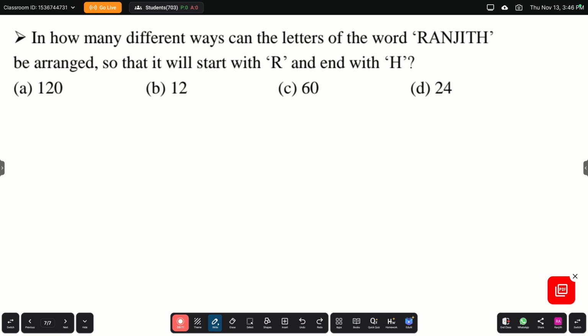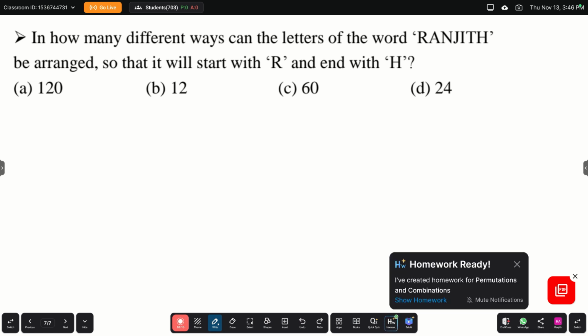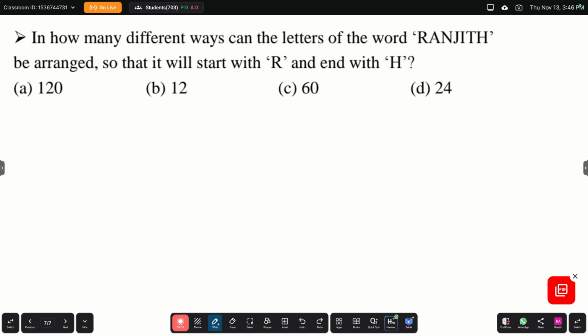In how many different ways can the letters of the word be arranged so that it starts with R and ends with H? Starts with R will be arranged in one way. Ends with H is also arranged in one way.